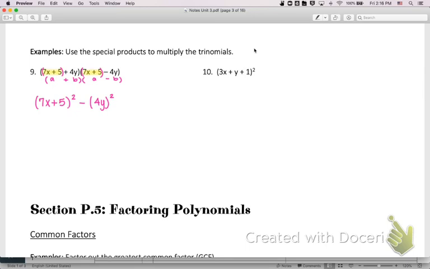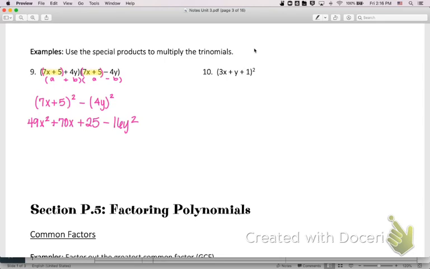Well, we know how to do both of these things. 49x squared plus 70x plus 25, and then we have minus 16y squared, and none of those are like terms, so that is our answer.